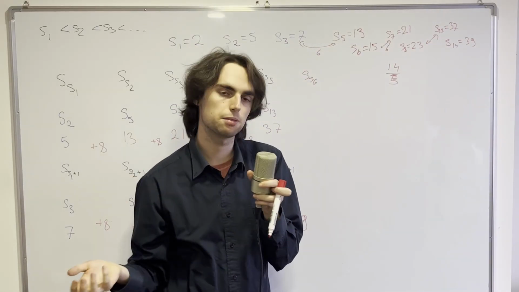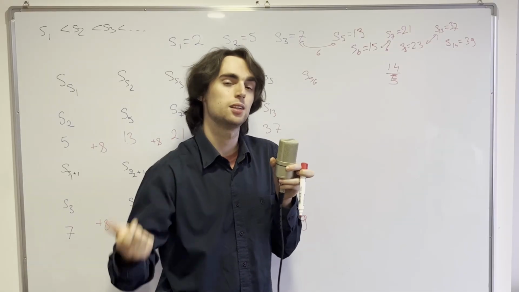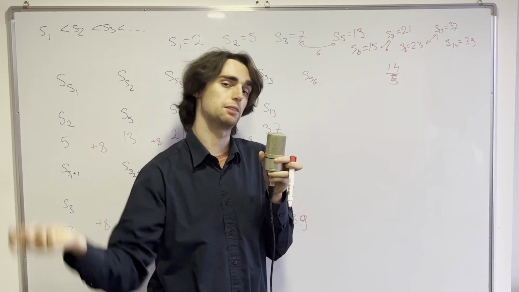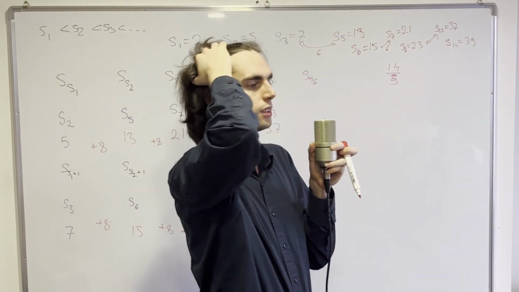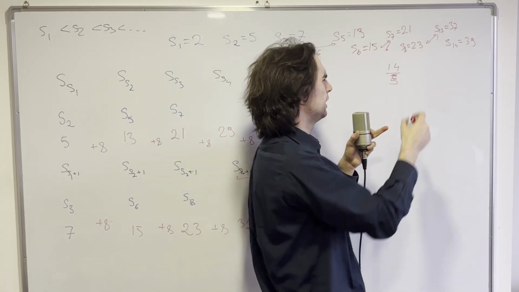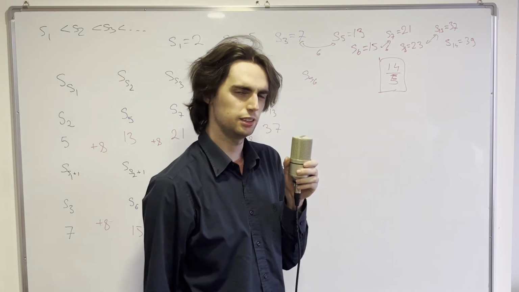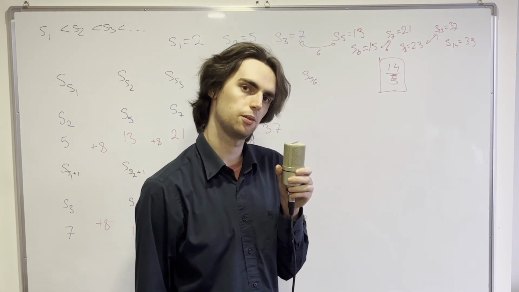The reason there are 5 differences is you'll have S13 minus S12, plus S12 minus S11, plus S11 minus S10, all the way till S8. Those are the differences, and 14 over 5 is the average, so to speak, difference.